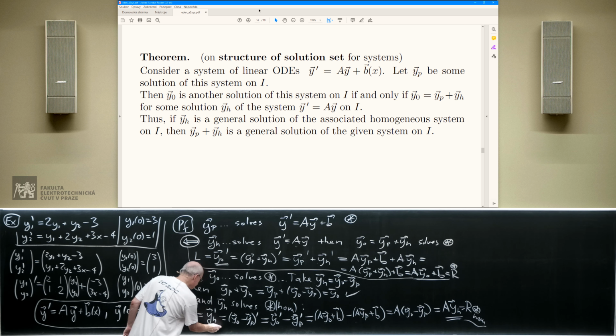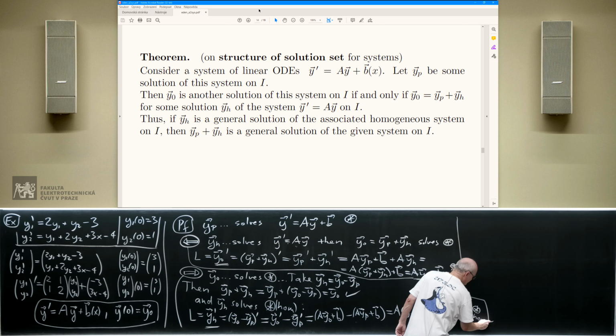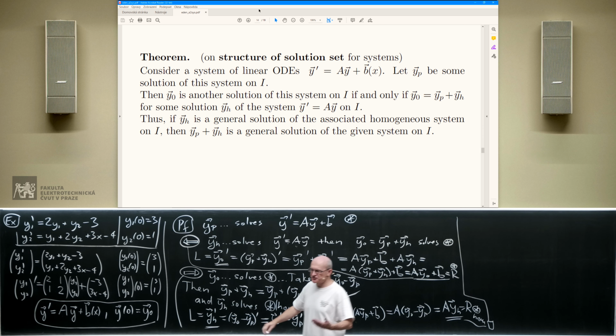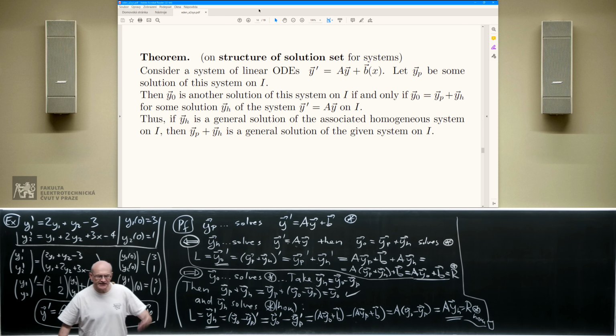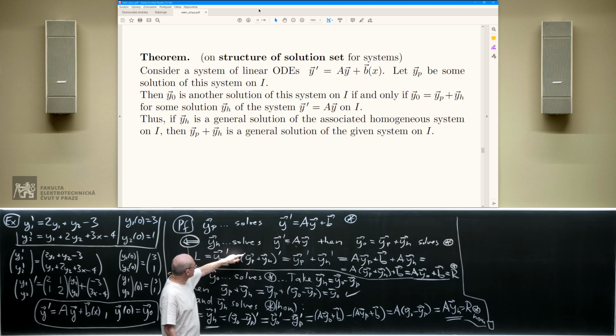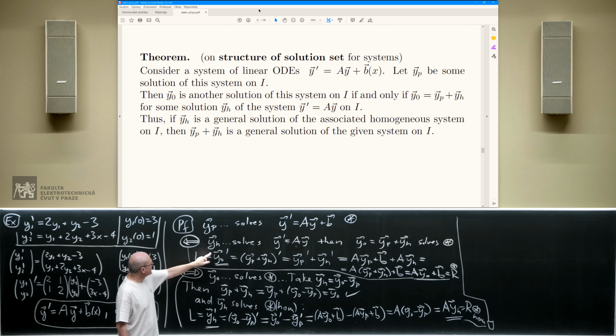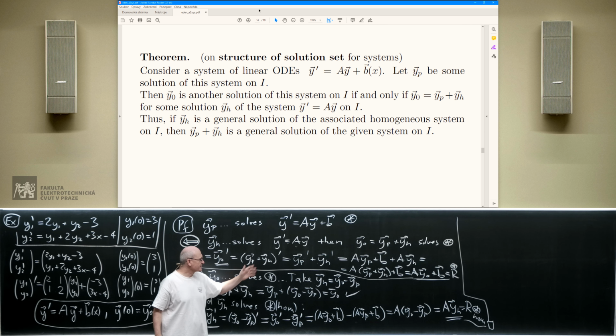I just proved this structural theorem. And as you can see, the structure is exactly the same as before for linear equations, but it's actually more convenient because when we did the proof before, when I was substituting into the left-hand side, I had to put the summation of all the derivatives, and the highest derivative was separate, and so on. It was really, really long.